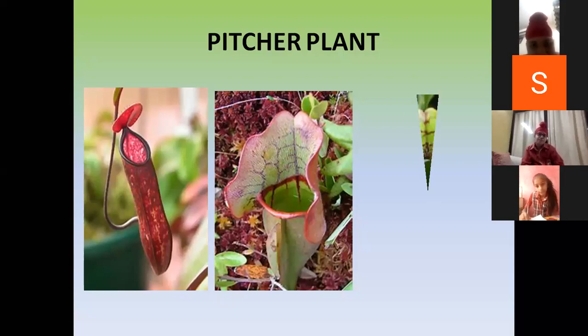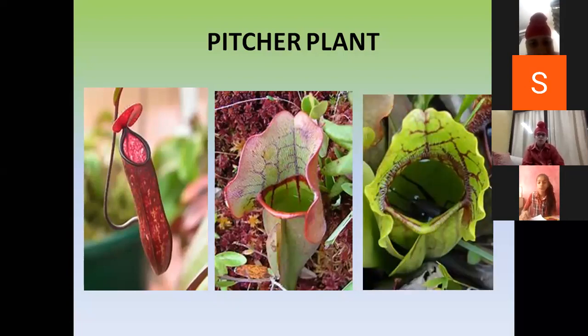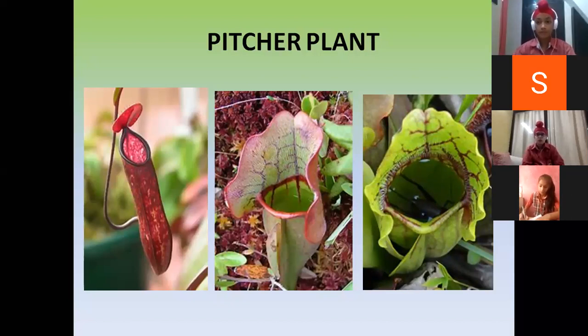Parleen? Khushmeet, are you able to see this? Prameet? Can you see the insect inside it? In the third picture, can you see the insect? Okay, these are pitcher plants. What is the name? Pitcher plant. Pitcher.